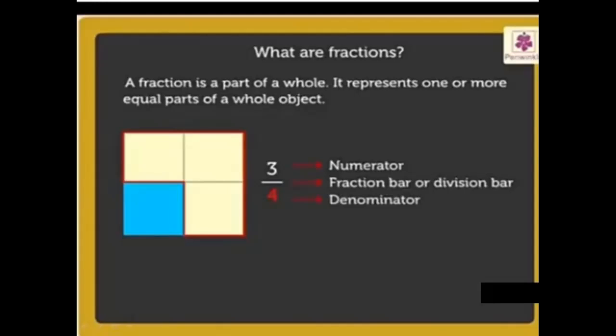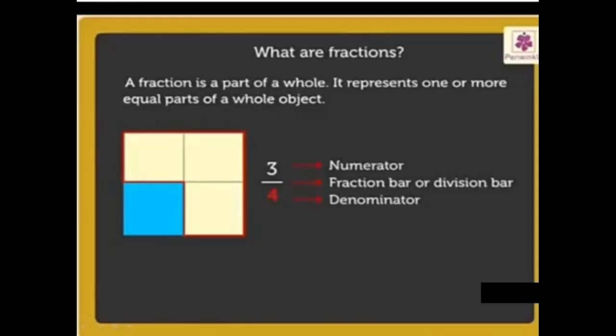Let's see that picture. There is one picture that is equally divided into four equal parts. How many parts does it have? Four equal parts. One part is shaded blue. What is the fraction of that? The colored part is called 1 by 4.